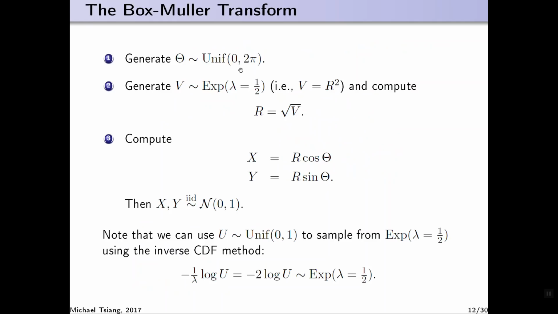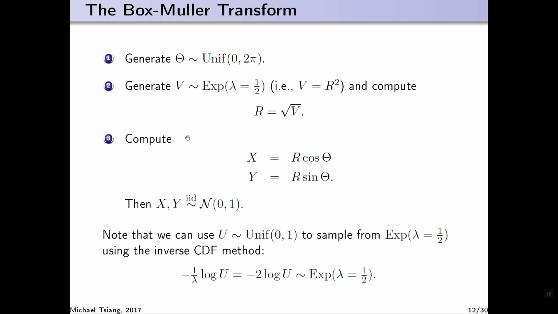So this is how the Box-Mueller transform works. We've got theta coming from the uniform distribution from 0 to 2 pi, and then we generate v coming from the exponential distribution with lambda equal to 1/2, where v is equal to r squared. Then we just say r is equal to the square root of v, which works because r is always positive, from 0 to infinity.